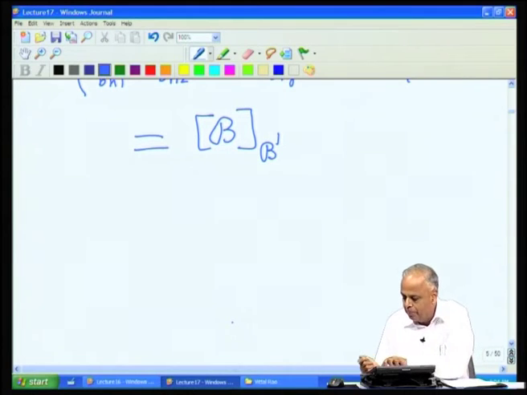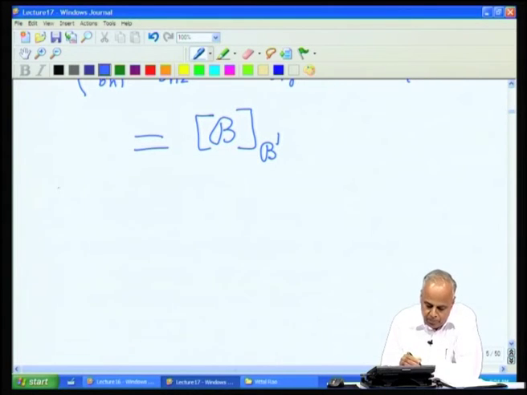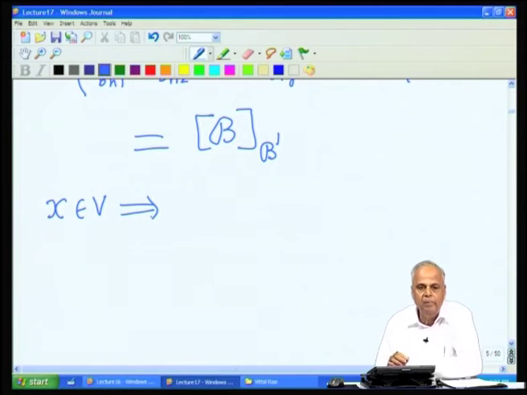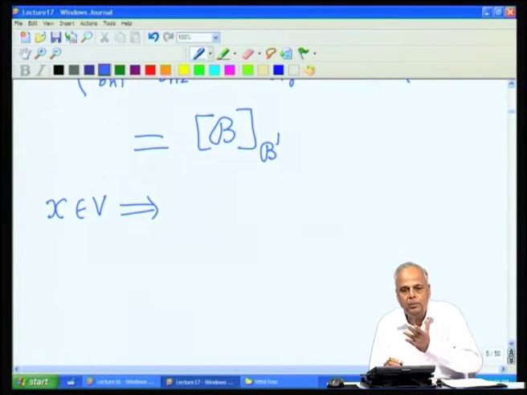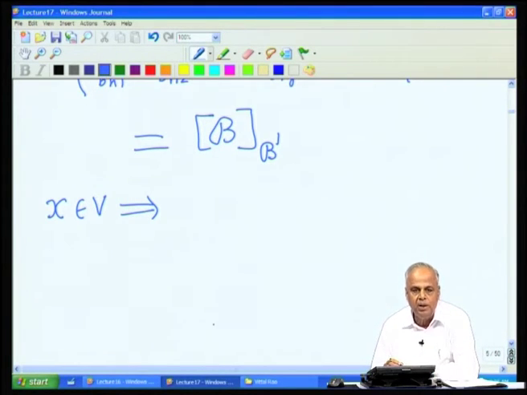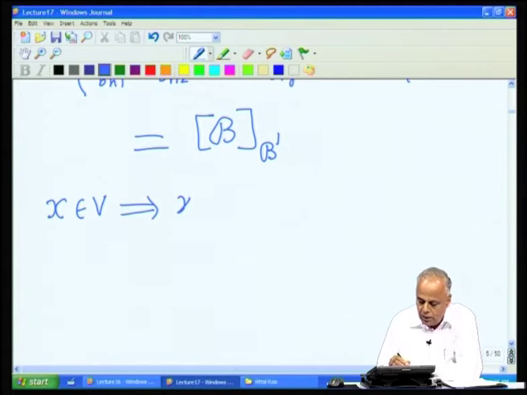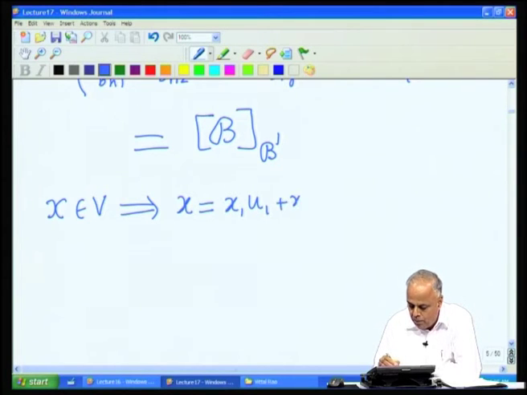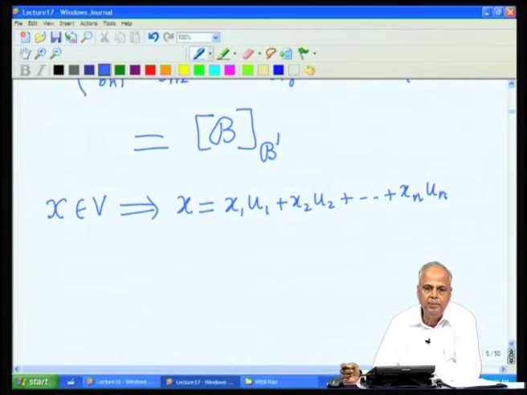Now, let us take any vector x in V. We know that any vector x in V has a unique representation in terms of the basis vectors. So, let us represent x in terms of the B basis. It is x1 u1 plus x2 u2 plus ... plus xn un. That is the representation of x in terms of the B basis.